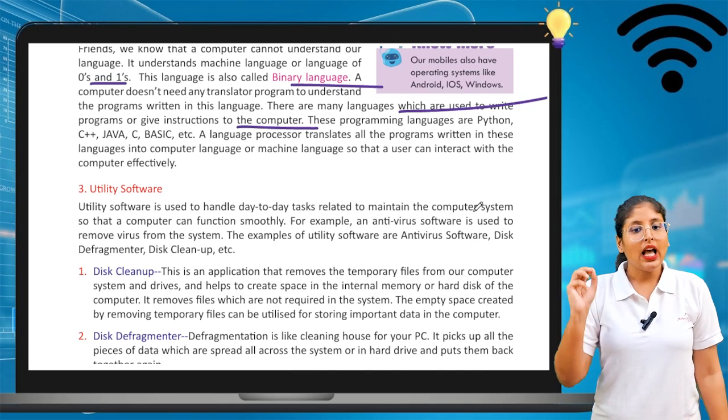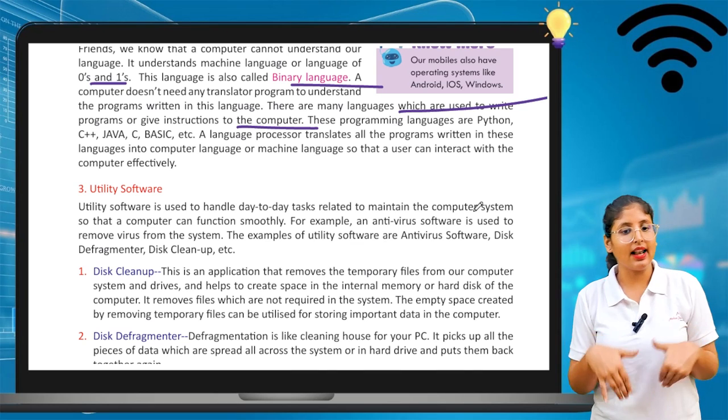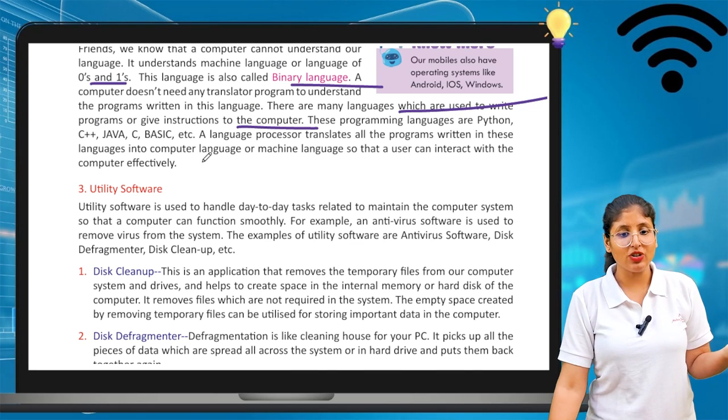Language processors translate all the programs written in these languages into the computer language, or machine language.